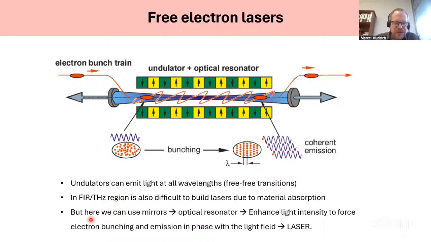And in this range, it's very easy to build a resonator, because almost any metal surface has a high reflectivity. So we can just use metal mirrors.